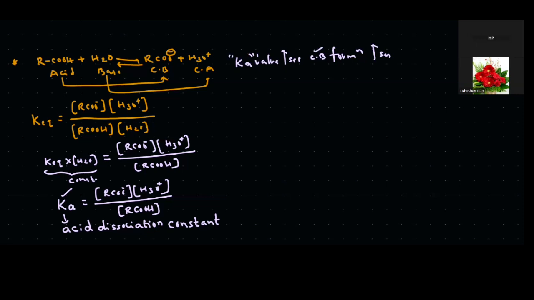That means the acid dissociates into products, so it releases H plus ions easily. When a substance releases H plus ions very easily, the acidic strength is very high. Because of this reason, we can say that Ka is directly related to acidity. That is the condition.